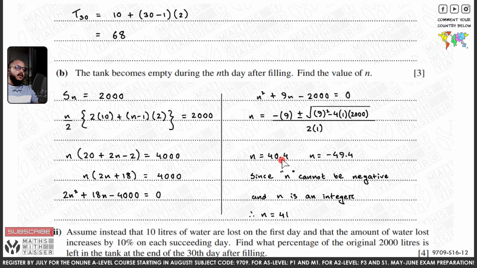If I try to do it in two significant figures, it will be just 40, but it's not about correcting it to two significant figures. It's the nth day they're talking about, and it is an integer. So if it's more than 40 days, that means it's the 41st day where the tank will become completely empty.